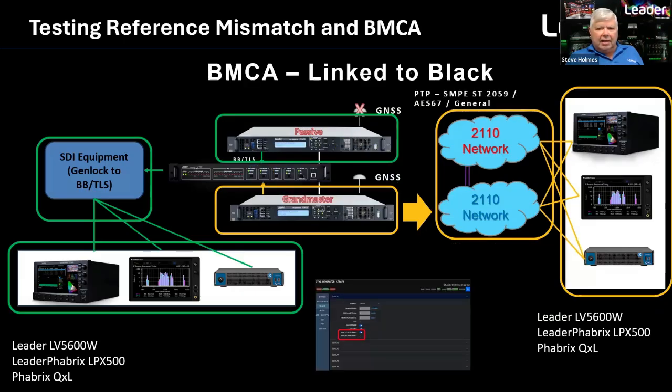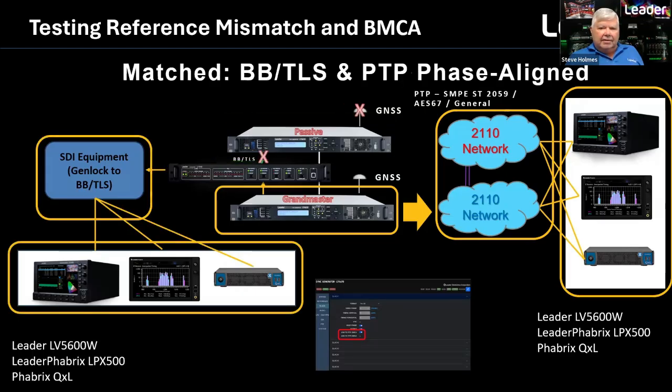What we would like is to set up so that we cause a condition that will make the ECO switch, but do an electronic switch so the baseband signals don't see it, so that we force the ECO to switch so that everything now becomes working off of the PTP grandmaster.